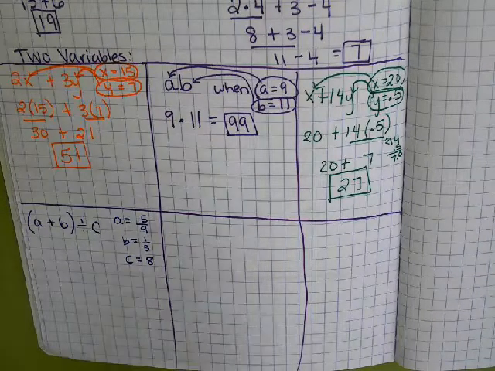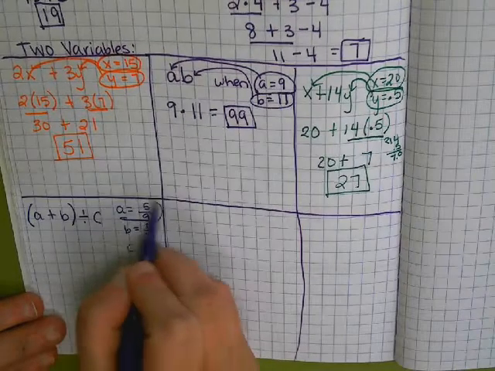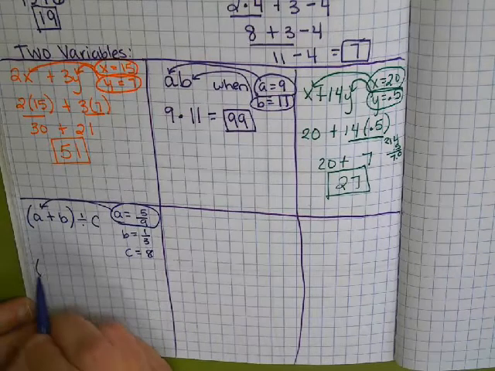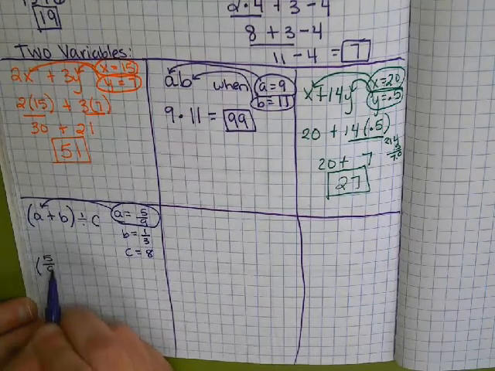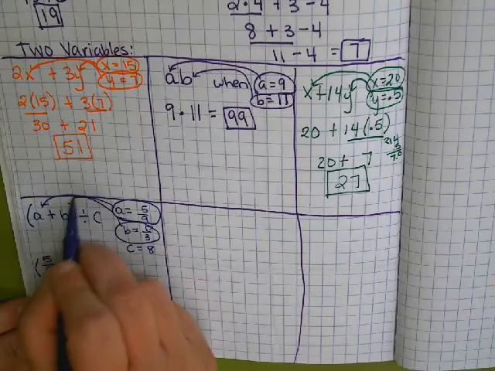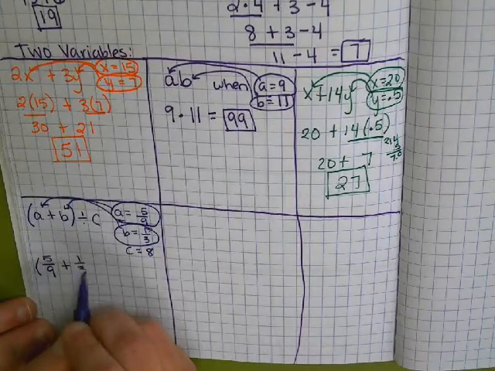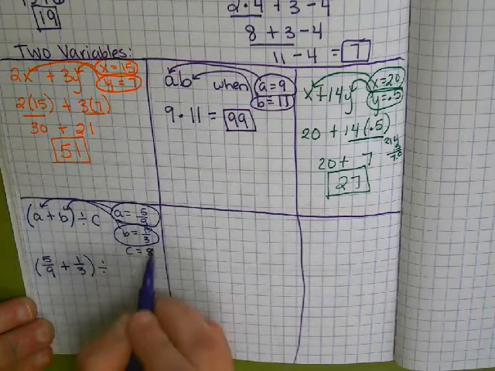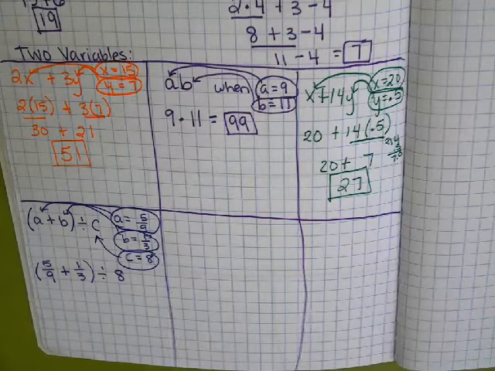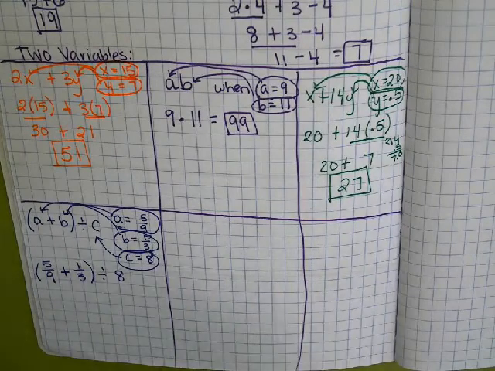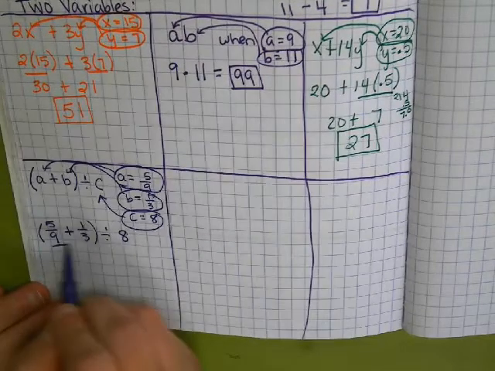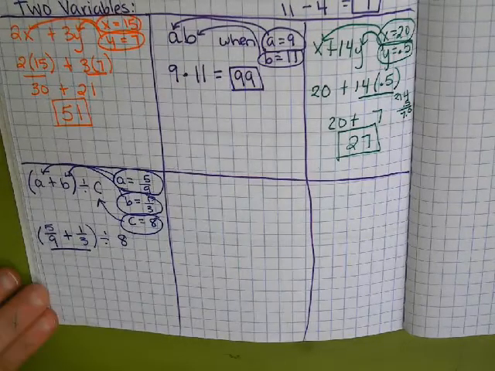All right, so let's plug in. Let's substitute where A is. We put 5/9. Don't forget those parentheses. Plus B, so where B is, we plug 1/3 divided by C, which was 8. Then it says we must follow order of operations. So we must do parentheses first, and I get a common denominator.